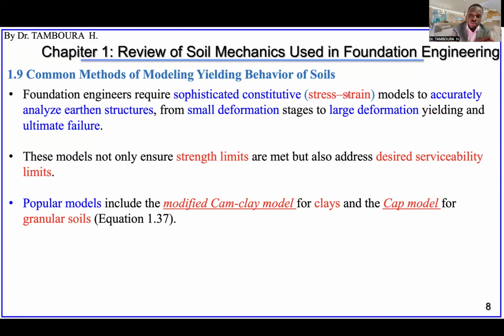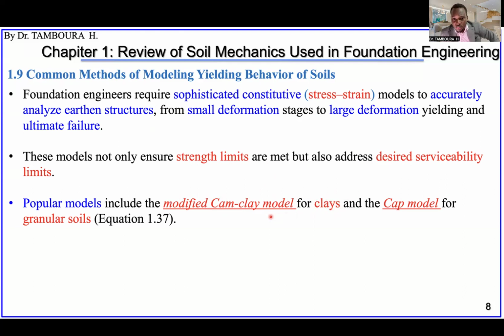There are people who have proposed model relationships for different types of soil. So there are many models that exist already, but this modified Cam clay model is for clay. It's very famous for clay material, for clay soil.